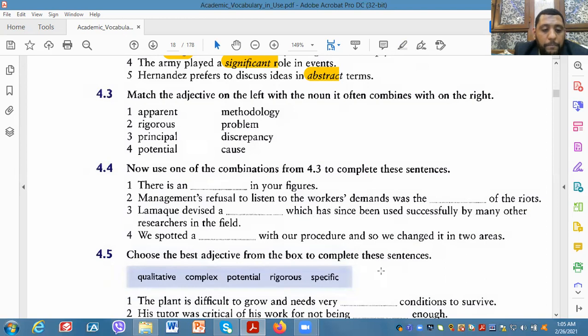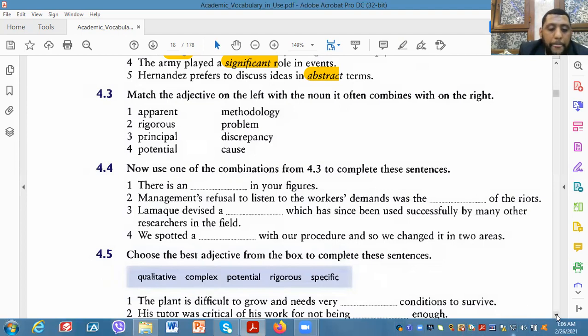Number 4, we spotted what? We spotted a potential problem with our procedure, and so we changed it in 2 areas. Okay.